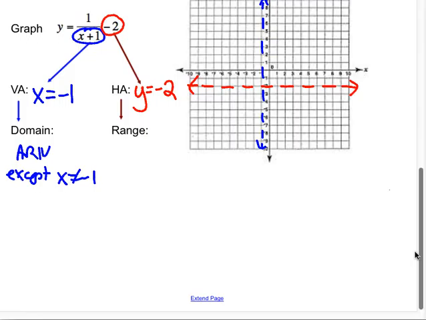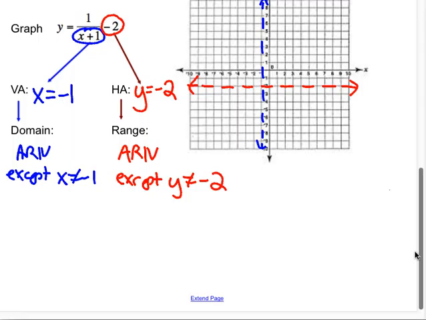So just like when we did exponential graphing, just like when we did logarithmic graphing, the shifting is what moves our asymptotes around. And the range, much like the domain, all real numbers except where that asymptote is.